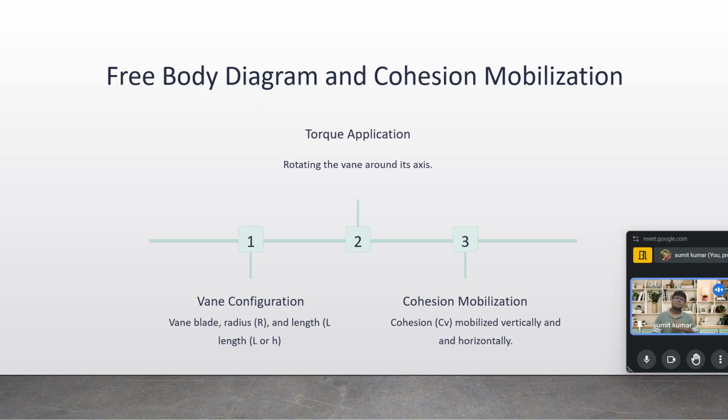After that, the torque application: as you know, I have said the interrelation to find the shear strength as T by pi d square into H by 2 plus D by 6. Over there, T is the torque which is applied to rotate the vane shear apparatus, and D is the diameter of that blade, and H or L, whatever you say, is the height or length of that blade.